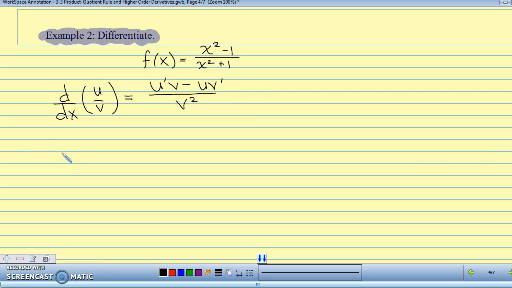So f prime of x will be, let me use some highlighters to highlight this. So we have, let me use a different color, x squared minus 1 is u, and then x squared plus 1 is v.